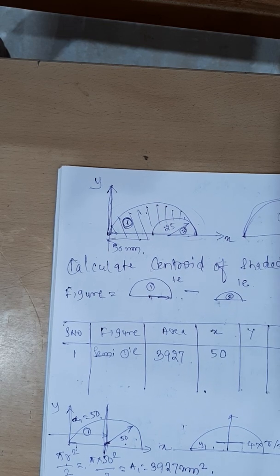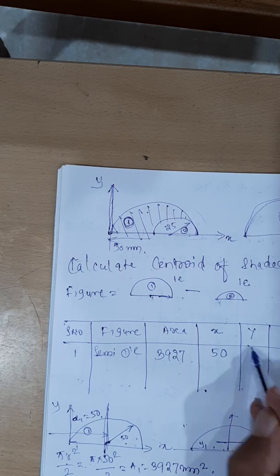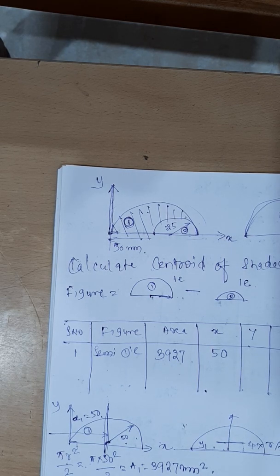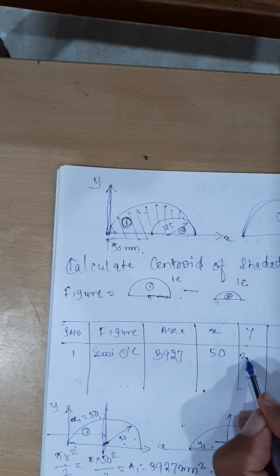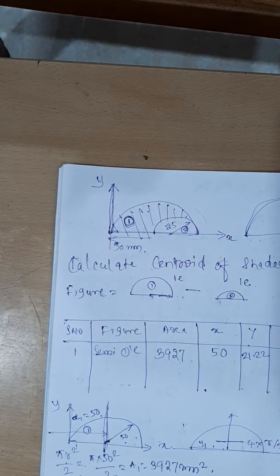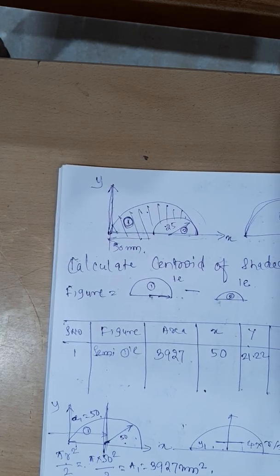This is your value of y1. That is 4 into 50 divided by 3 divided by π. I got it as 21.22. Put here 21.22. y1 is equal to 21.22.